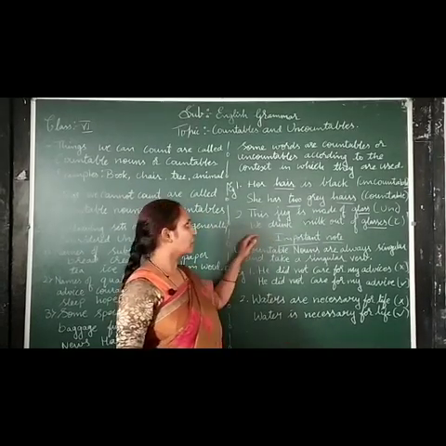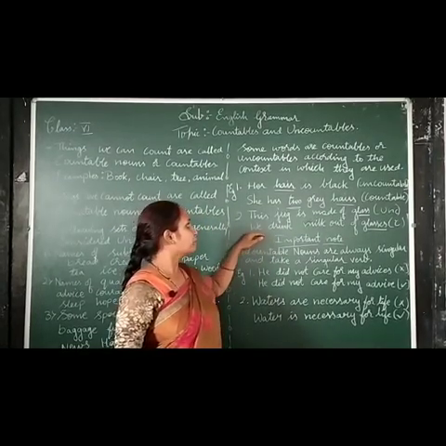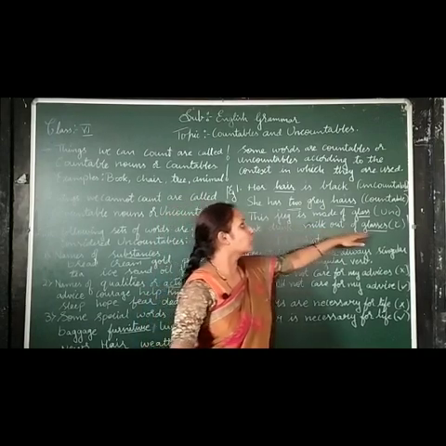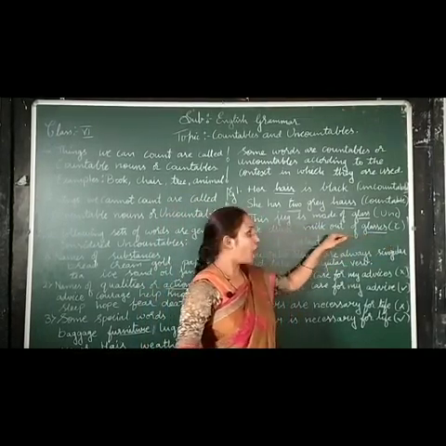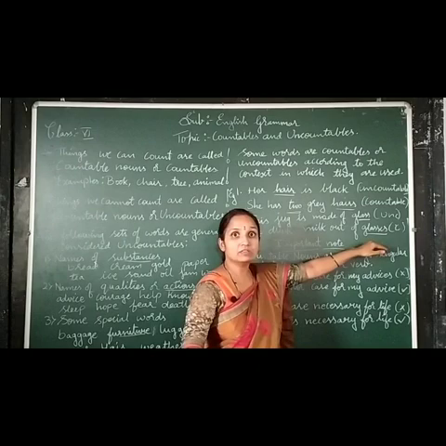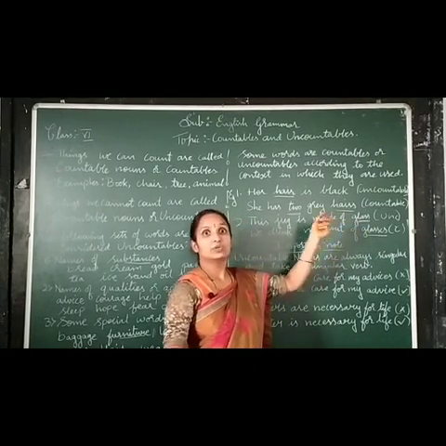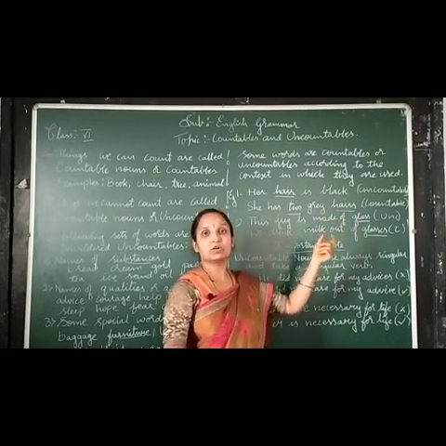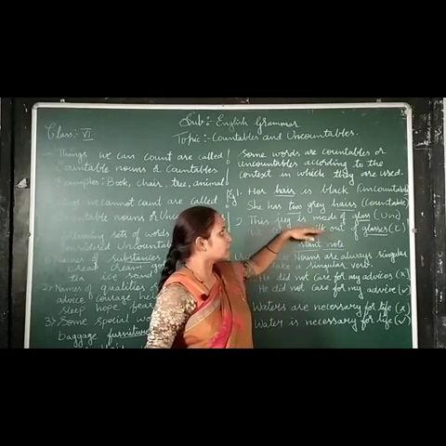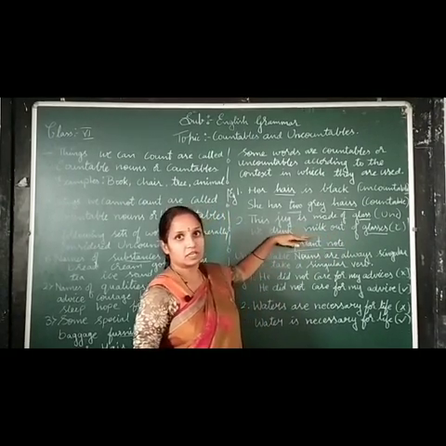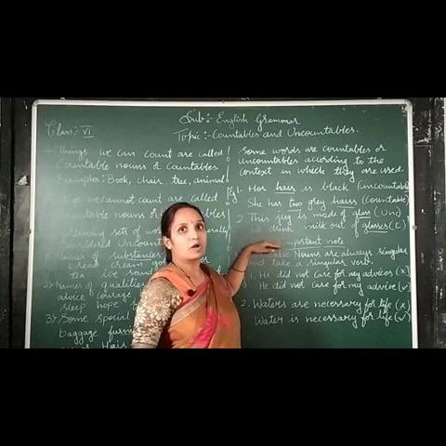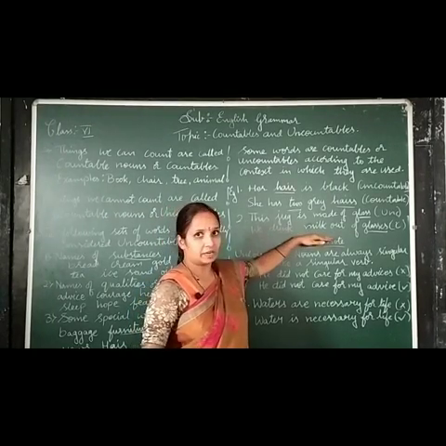Another example for countable noun: we drink milk out of glasses. Out of glasses, it means there is a count. 2 out of 10, 2 out of 4. Like this, the statement is a countable statement.